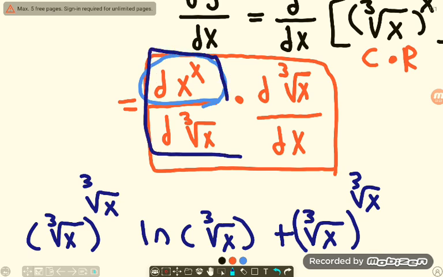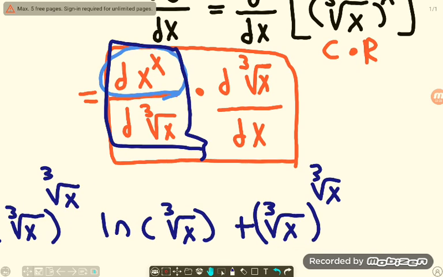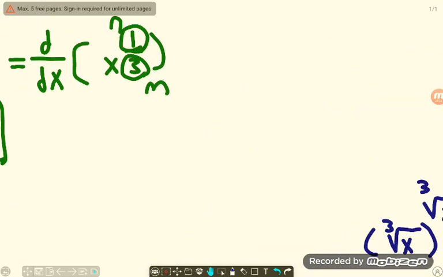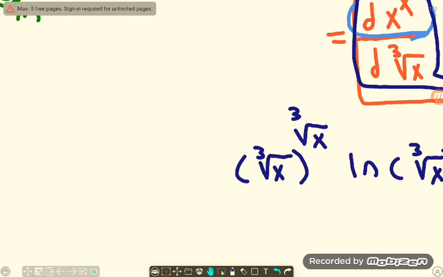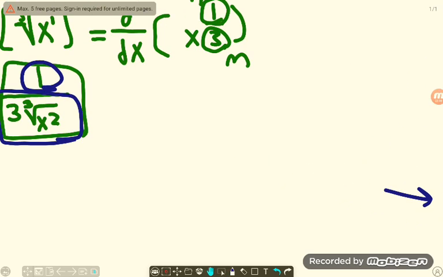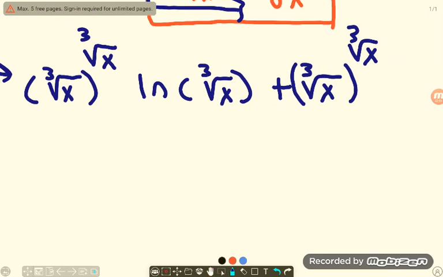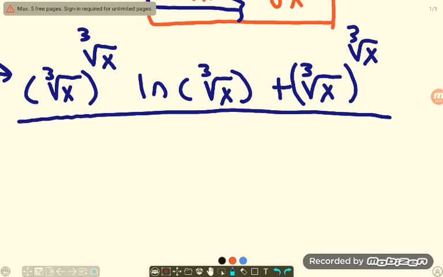And if you multiply by the derivative of the cubic root of x, you have one in the numerator and this in the denominator. So our final answer for this derivative would be this whole expression, which we don't have to write out, divided by 3 multiplied by the cubic root of x squared.